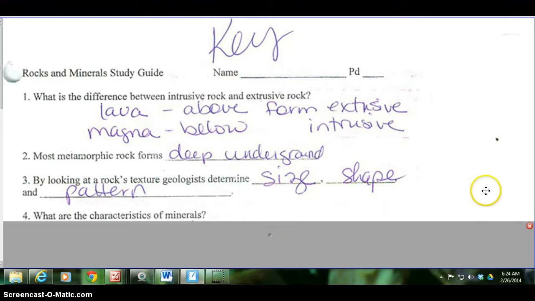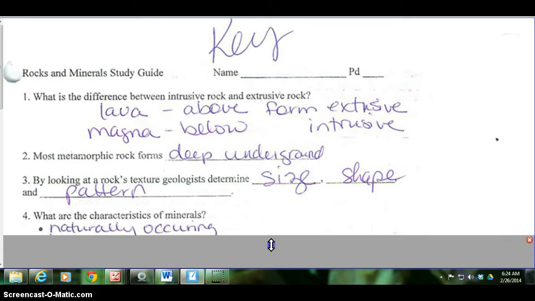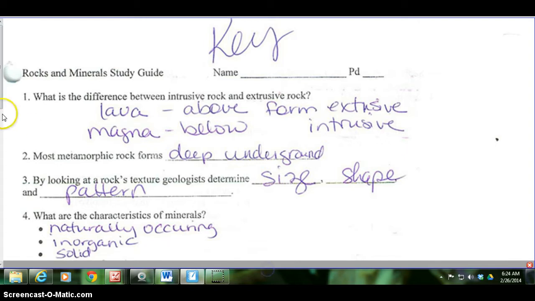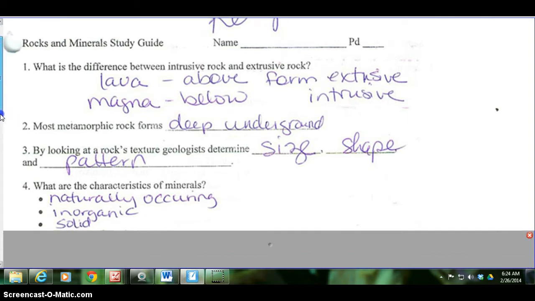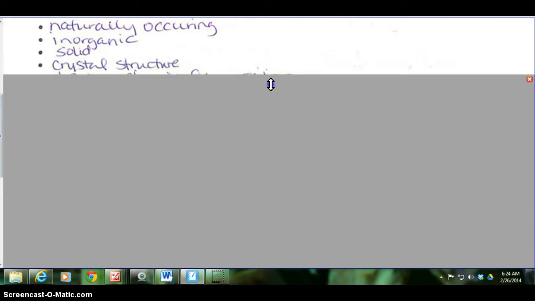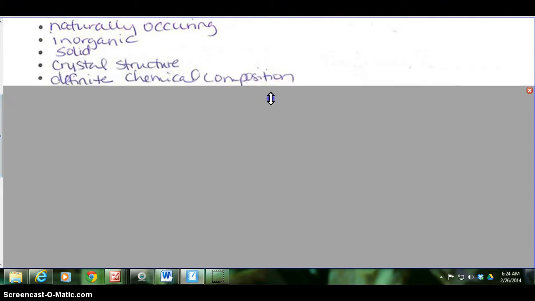Number four, what are the characteristics of minerals? Now remember, this is minerals, not rocks. And those were those 5 characteristics that we talked about often and did the foldable on. It was that they needed to be naturally occurring, inorganic, they needed to be solid. They needed to have a crystal structure, and they needed to have a definite chemical composition.